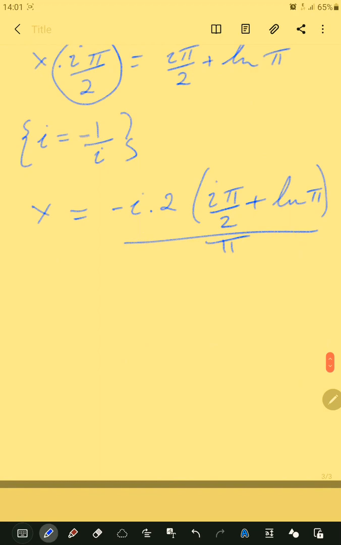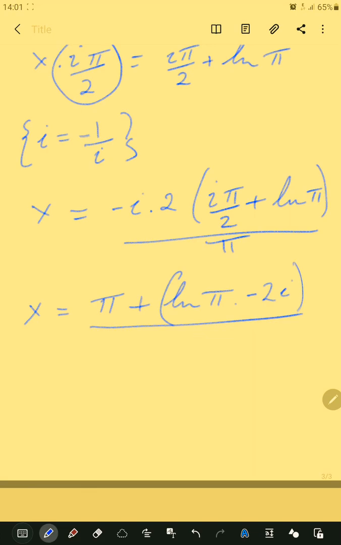Now if we carry our i through the parentheses, we have x equals i times i is minus 1, with the negative is plus 1, and the 2's cancel out, so we end up with just pi, plus ln of pi times minus 2i, all divided by pi.